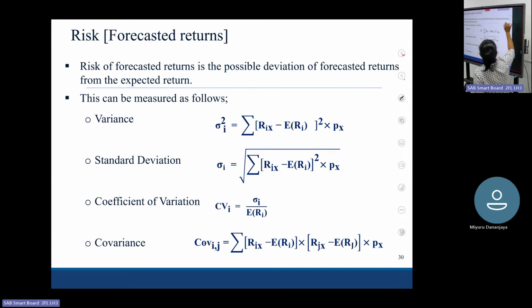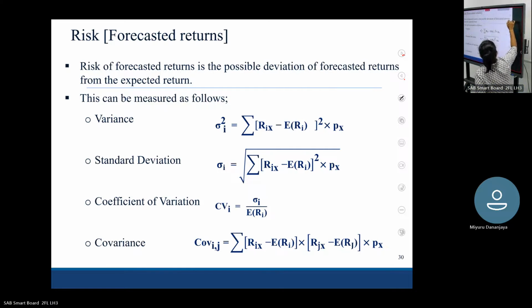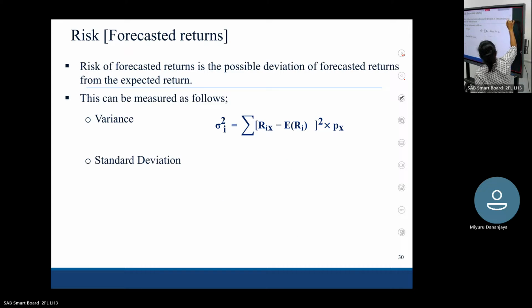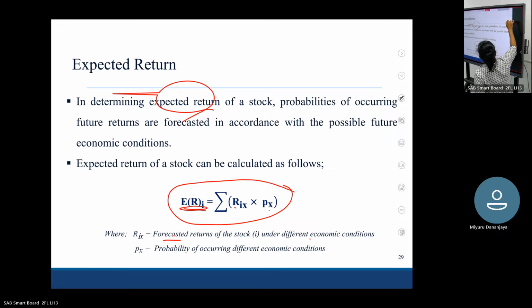This is it. The expected return you can calculate like this, using this formula. Now the next one is the risk of this expected return.